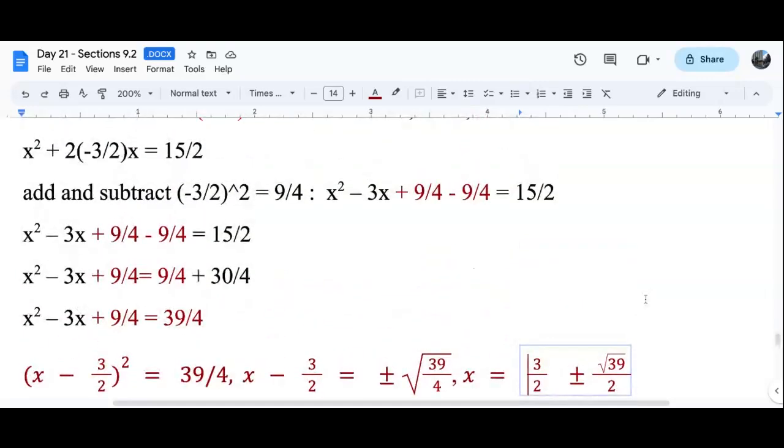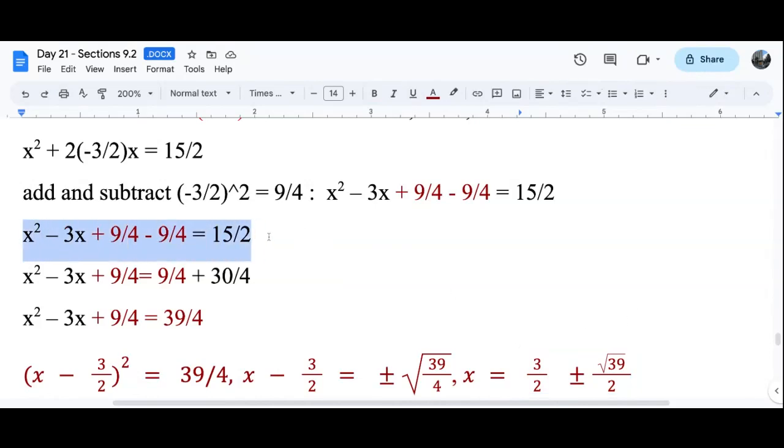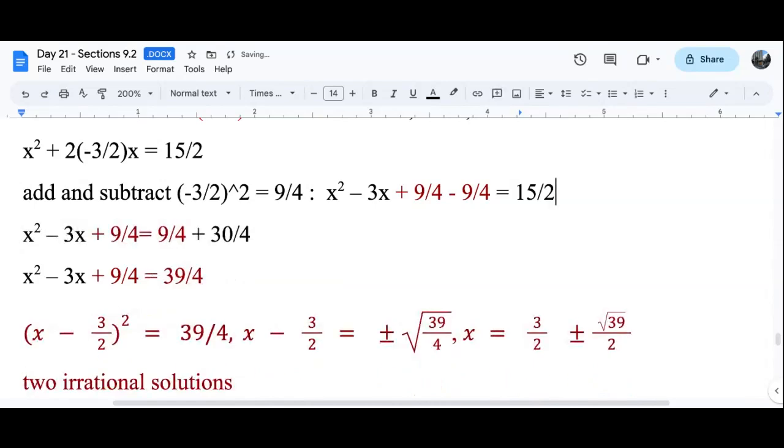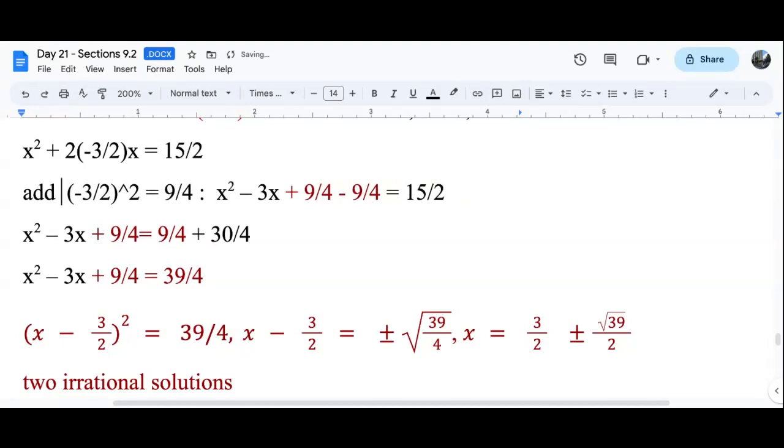Okay, any part is still confusing? This is also repeated. We don't need this one. It's the same as the previous line. You can see add and subtract on the same side, or you just add on both sides.